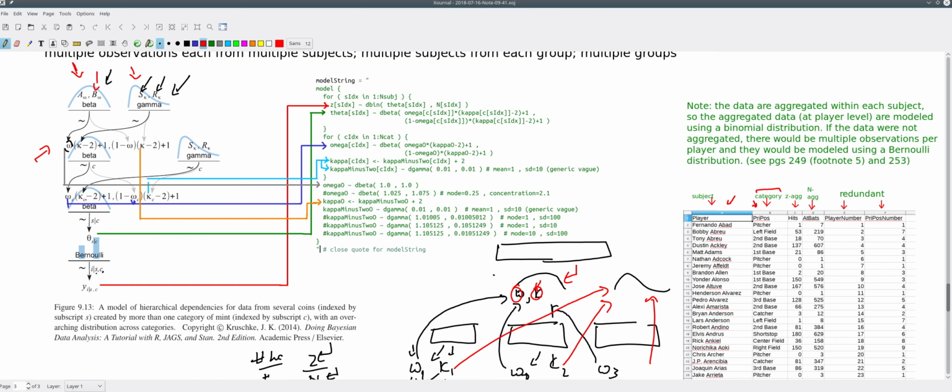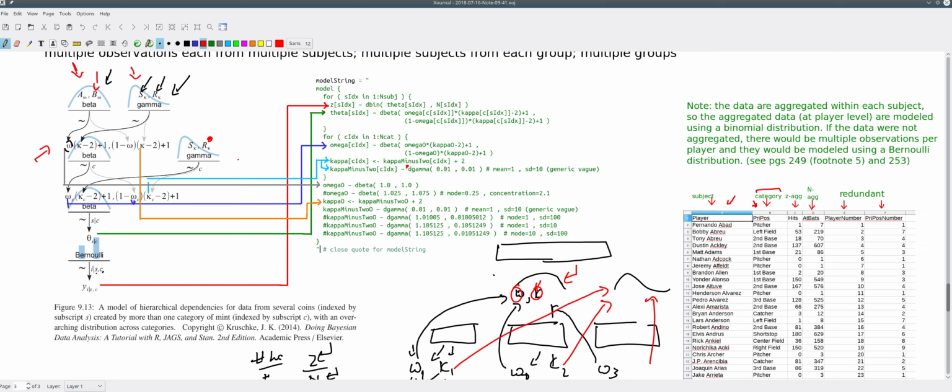And this kappa c is modeled as kappa minus 2 of a given category plus 2, and this thing is modeled as the gamma, which is what we have over here. So this thing is really this thing over here.